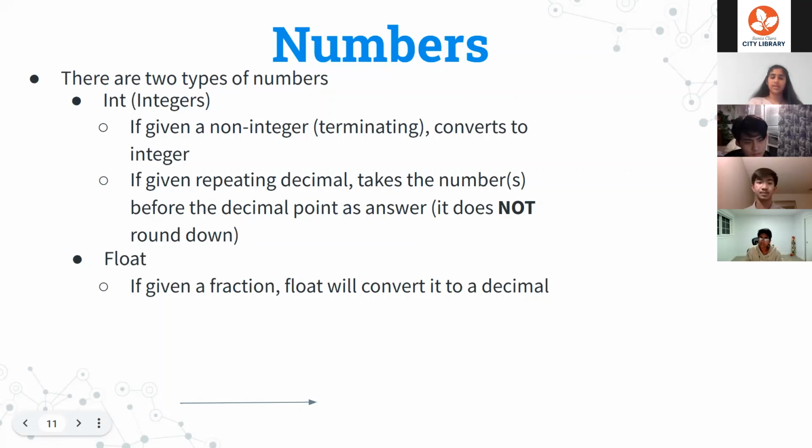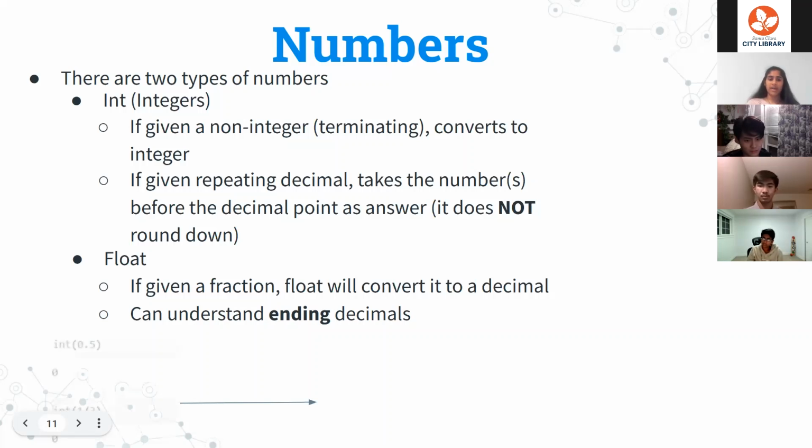If it's given a repeating decimal, such as 3.33333 forever, it would take the numbers before the decimal point as its answer. Note that it doesn't round down, it just takes the digits before the decimal point. A float can take fractions and decimals, and it will convert the fractions into decimals. So it can understand only ending decimals.